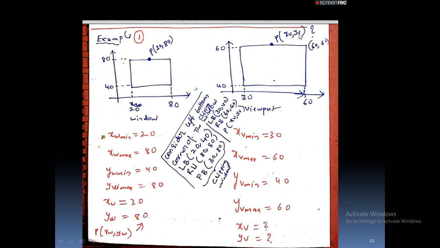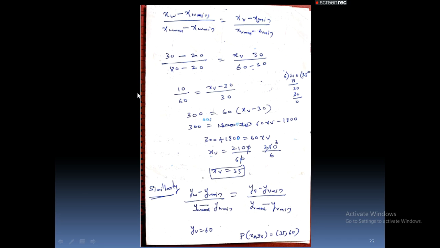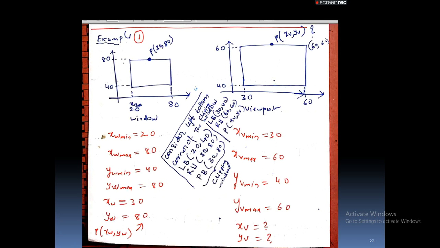I would like to repeat, the position may vary with respect to the size of the viewport, but the relative position of point P in the clipping window is the same as the relative position of point P in the viewport. Meaning the difference from the origin, 30 here and 35 there.